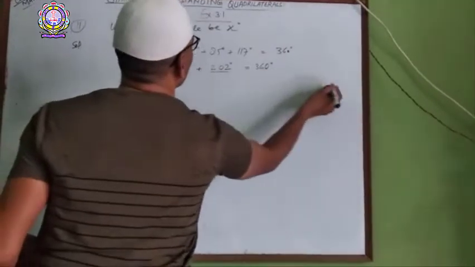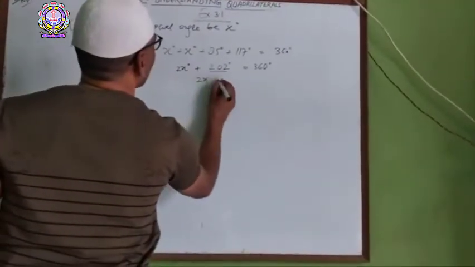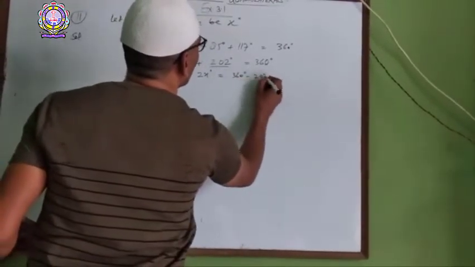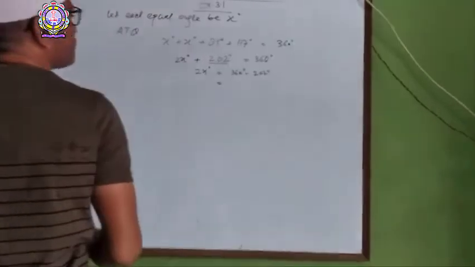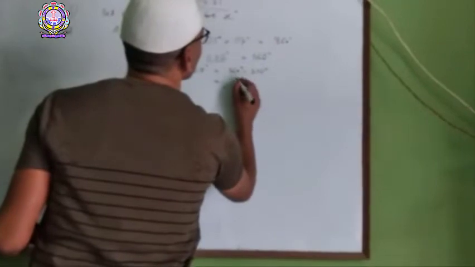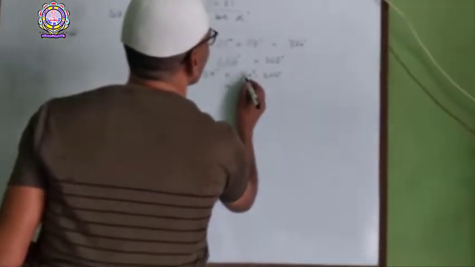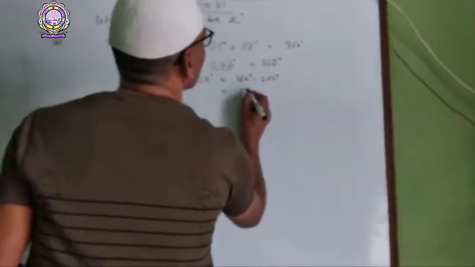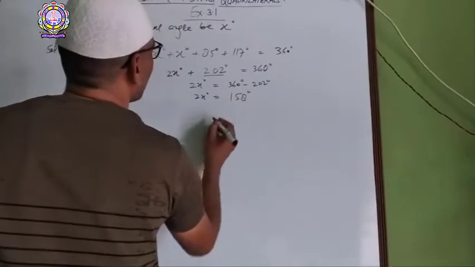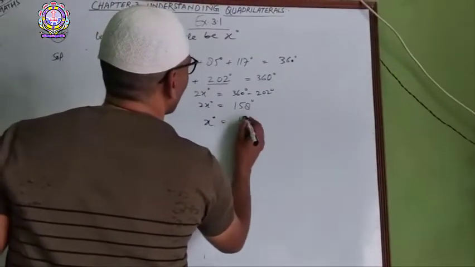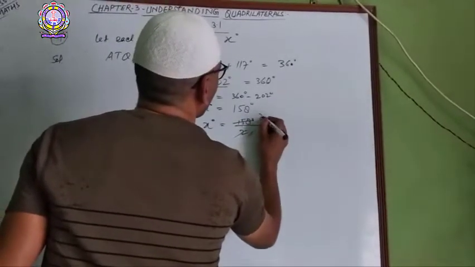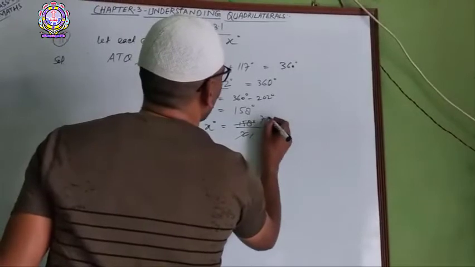Now transpose this 202 to the right hand side. This will give you 2x degrees is equal to 360 degrees minus 202 degrees, and this will give you 158 degrees. 2x degrees is equal to 158 degrees, and x degrees is equal to 158 degrees upon 2. 2 ones are 2, 2 sevens are 14, and 2 nines are 18.